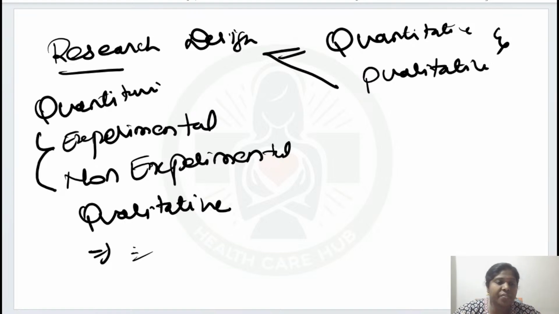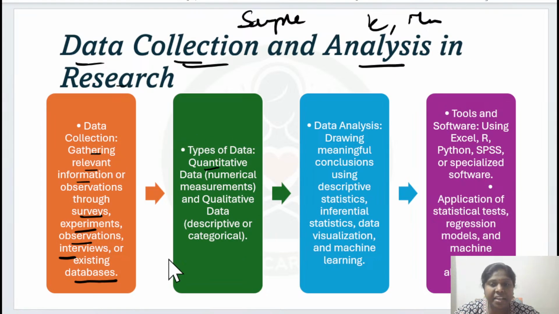So, we do the surveys, we collect the data and we segregate the data, and we also do the data analysis. Data analysis, I have told you regarding statistical data. Like pie chart, line diagram, frequency polygon, all these are used for inferring from the data.